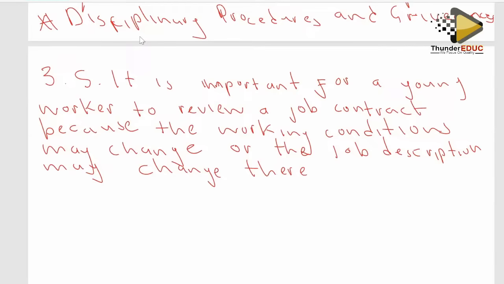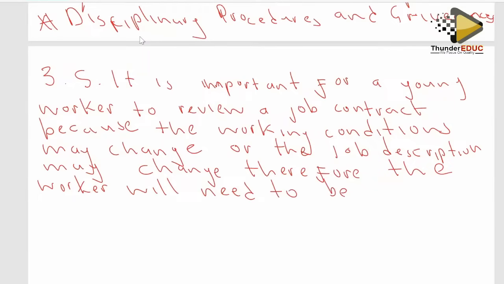Therefore, the worker will need to be compensated accordingly. In the workplace, working conditions can change, or even the job description can change, so the worker would need to be paid accordingly.